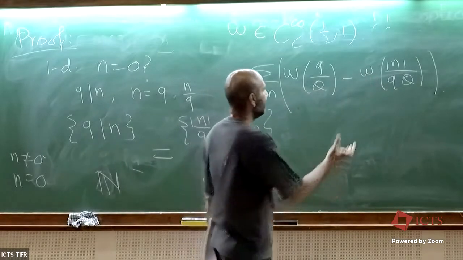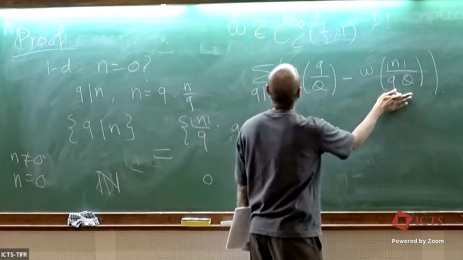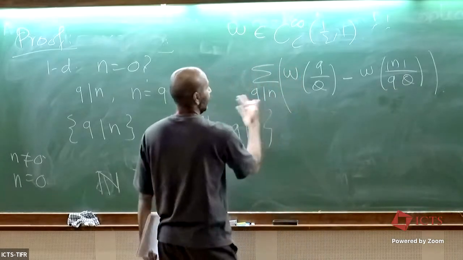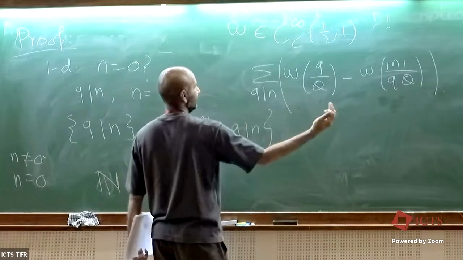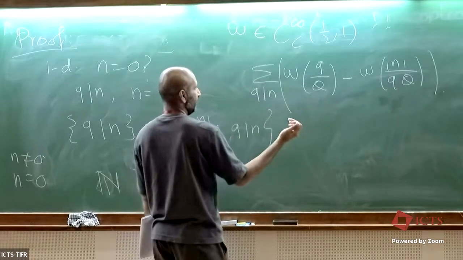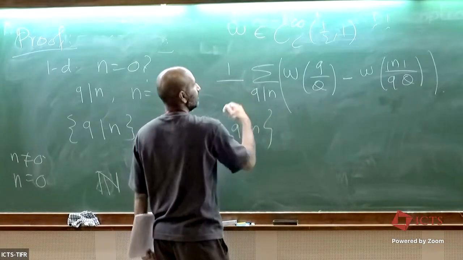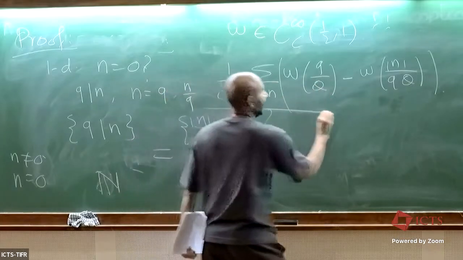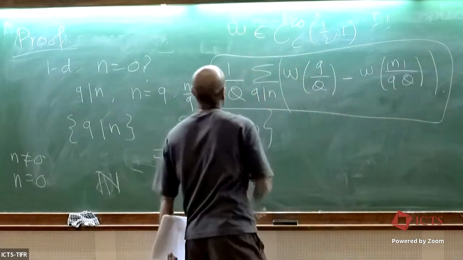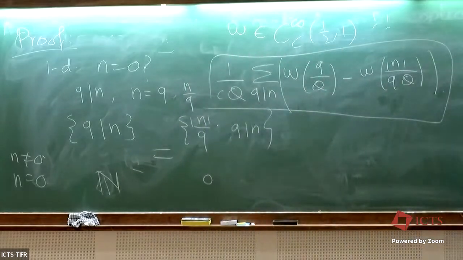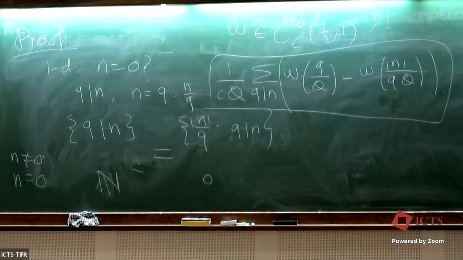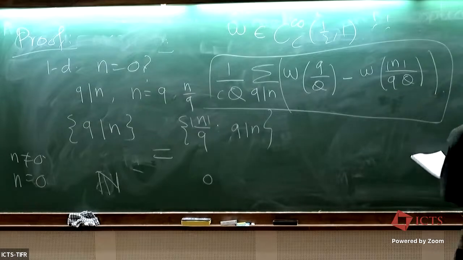And when n is 0, this will vanish because my function is 0 at 0. And then here I'll just get a sum over all q's. So since I have this weight q, to make it delta method, I normalize it by this factor 1 over c q. So this is the really nice picture for the 1D delta.